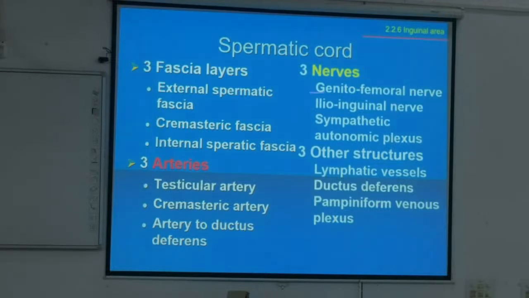Three nerves: genitofemoral nerve, ilioinguinal nerve, and sympathetic plexus, sympathetic autonomic plexus. And three other structures are also present: lymphatic vessels, vas deferens or ductus deferens, and pampiniform plexus of veins. Okay. So these are the contents of the spermatic cord. Very frequently asked in viva. Okay. Next.